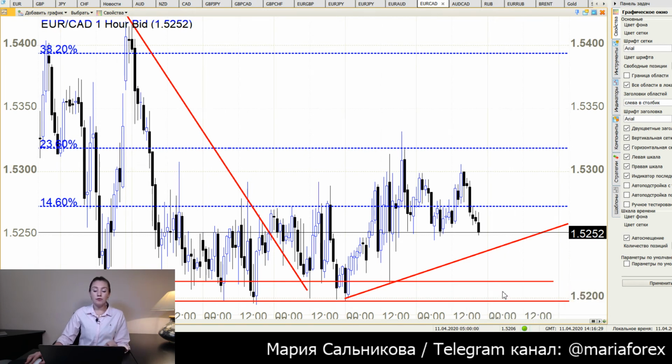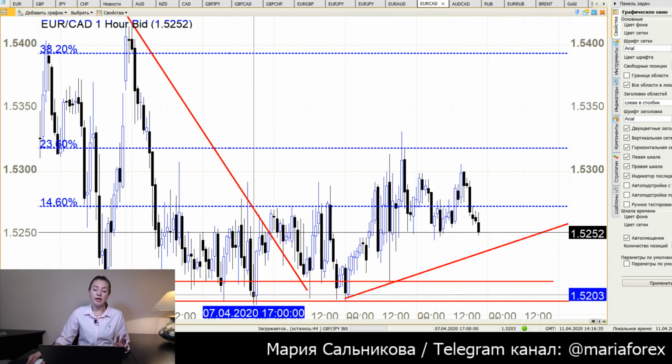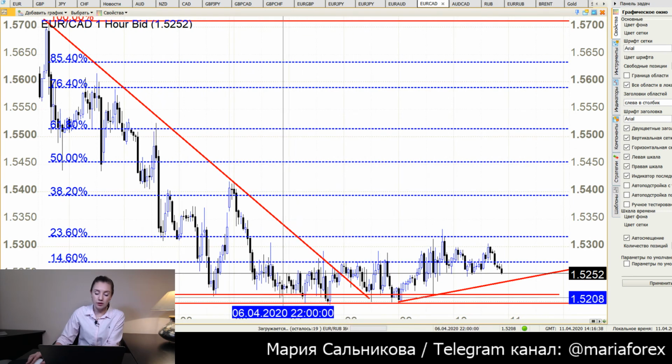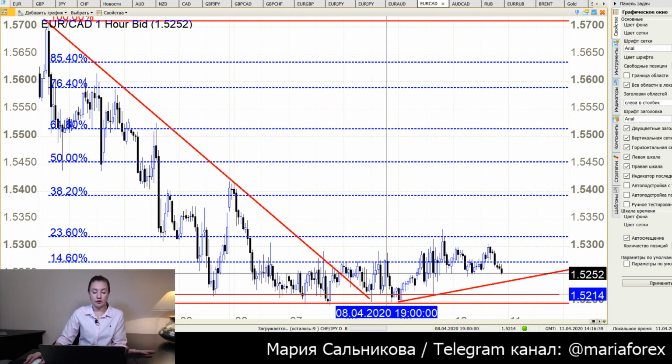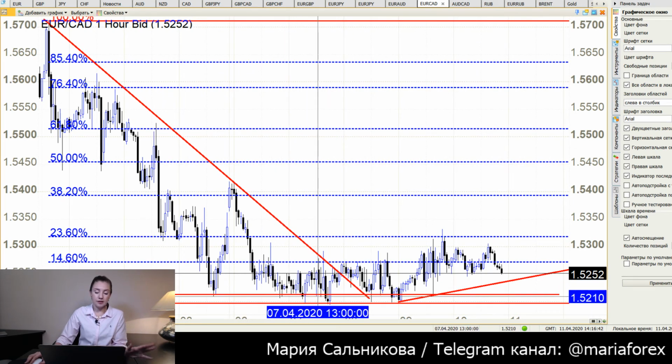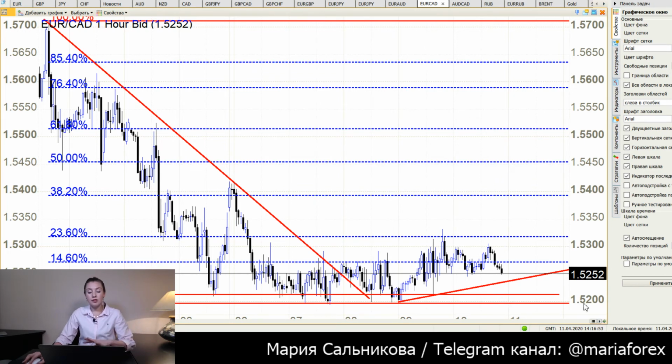Near 1.52, you have to watch the market, because here price will try to stop. That was a good level of support for the whole last week: April 6th, April 7th, April 9th. So here you watch, you wait. When you see the breakdown, after that you sell.